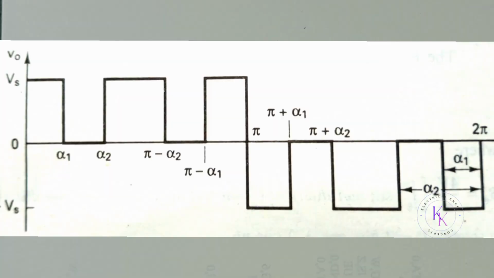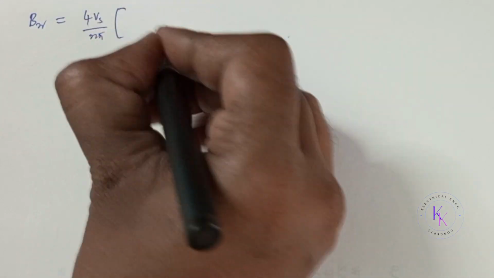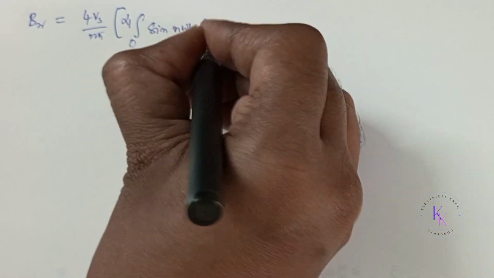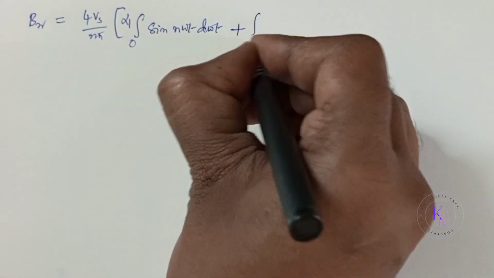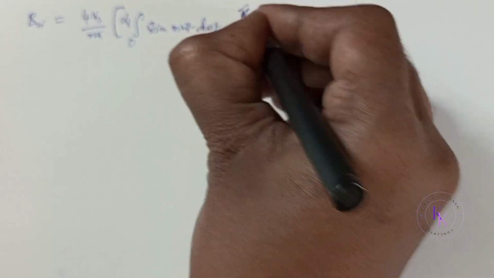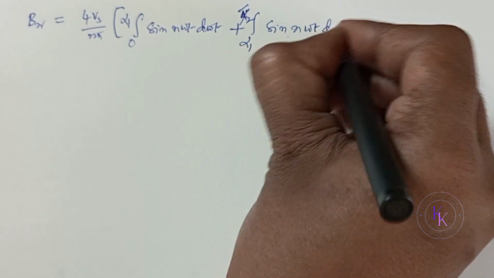The unipolar voltage notches are introduced in the output voltage as shown in the waveform here. Then the coefficient Bn is given by 4 Vs by n pi of the integral from 0 to alpha 1 of sine n omega t d omega t, plus the integral from alpha 2 to pi by 2 of sine n omega t d omega t.